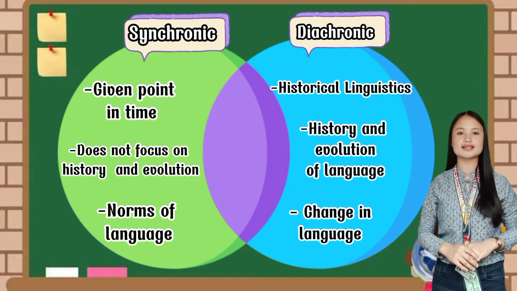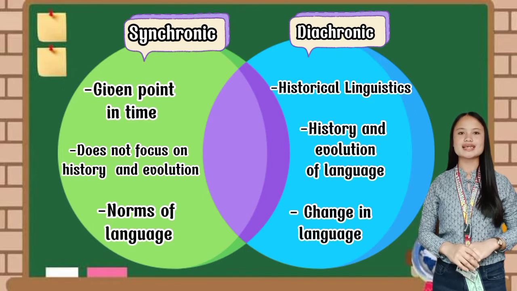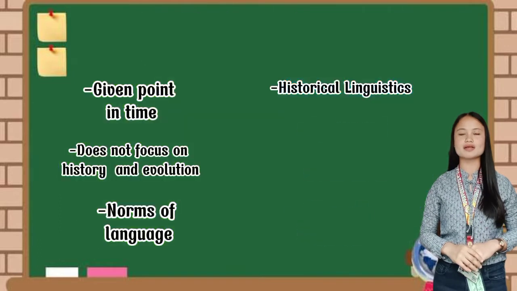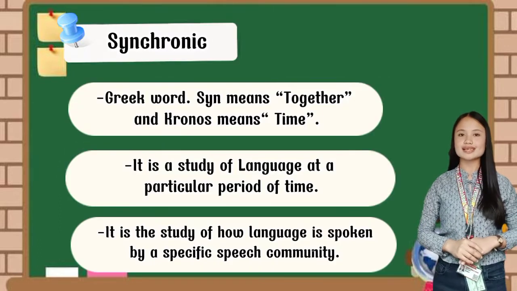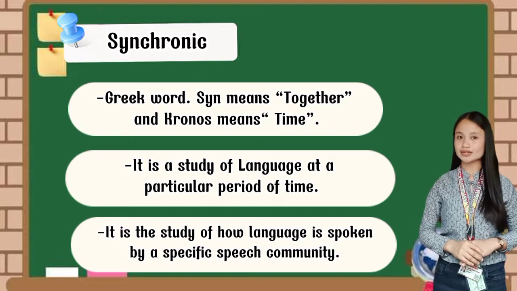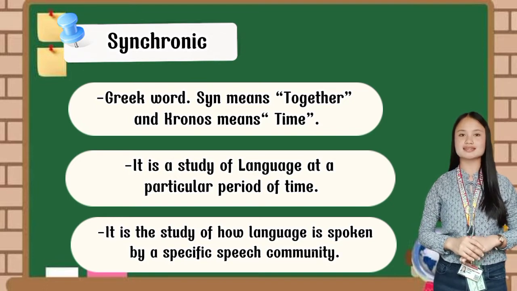The first one is synchronic. It is the study of language at a given point in time. Synchronic comes from the Greek word syn, meaning together, and chronos meaning time.